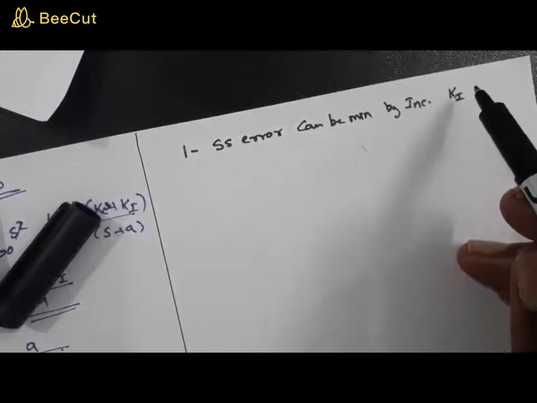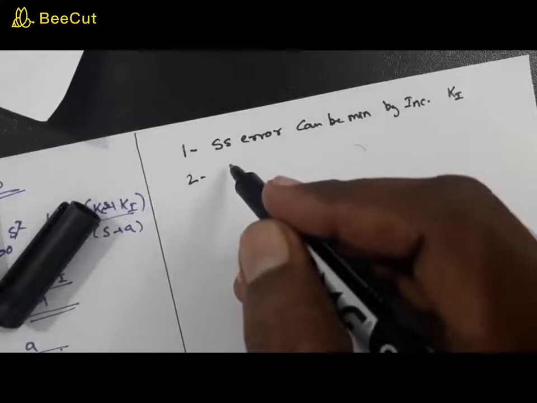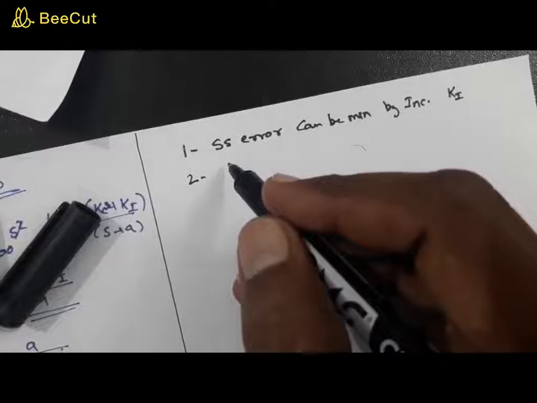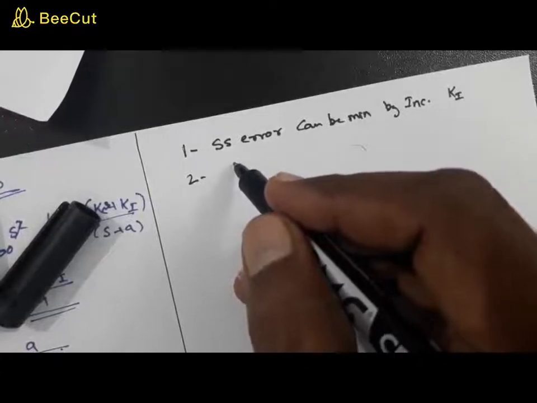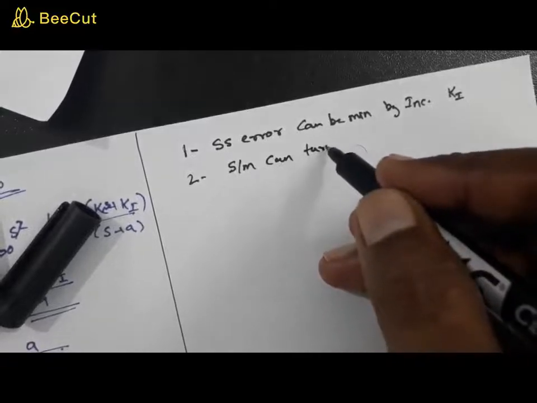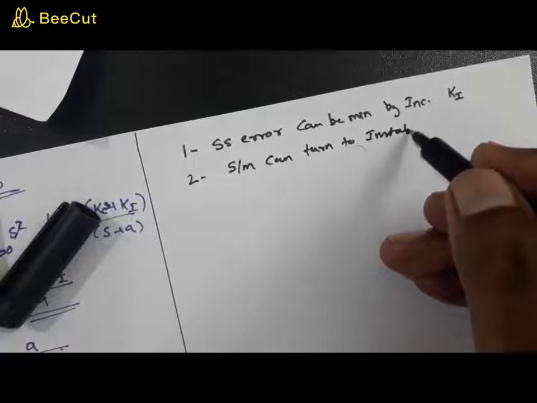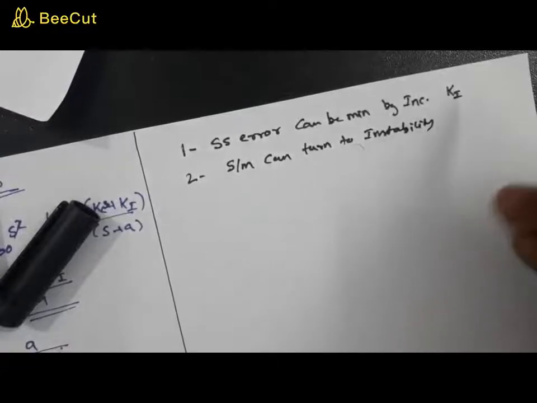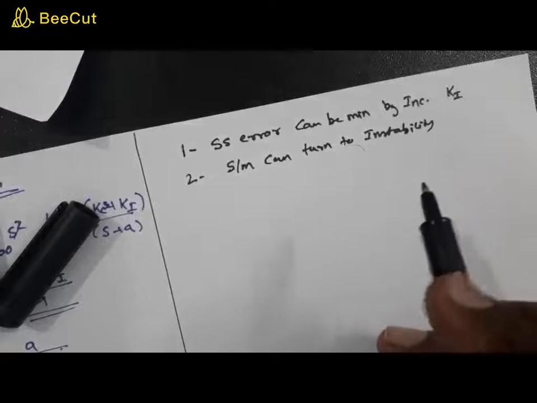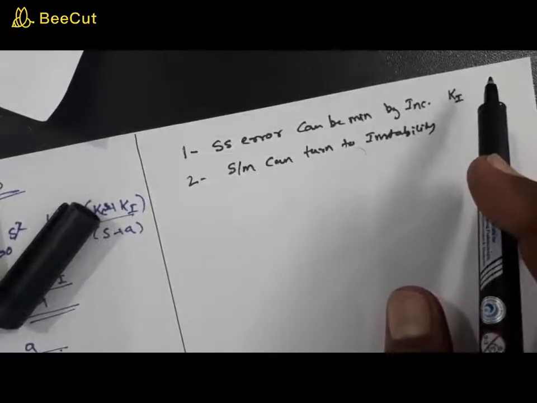The consequence is that as you increase Ki, as we learned from root locus, the system can turn to instability. So there is always a risk of the system going to an unstable state for very high values of Ki.